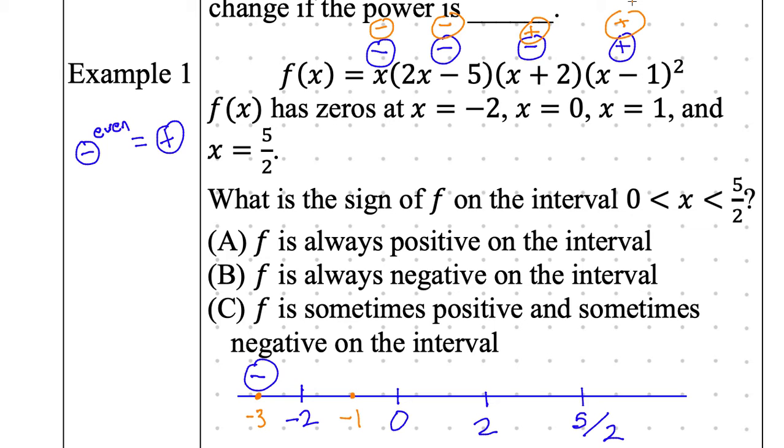Now my question for you is this interval between -2 and 0 positive or negative? It is a positive, because a negative times a negative is a positive. These two negatives are positive, so positives all the way.